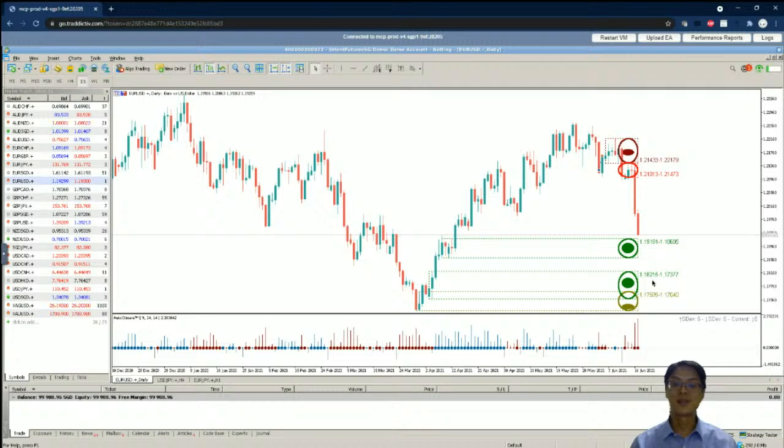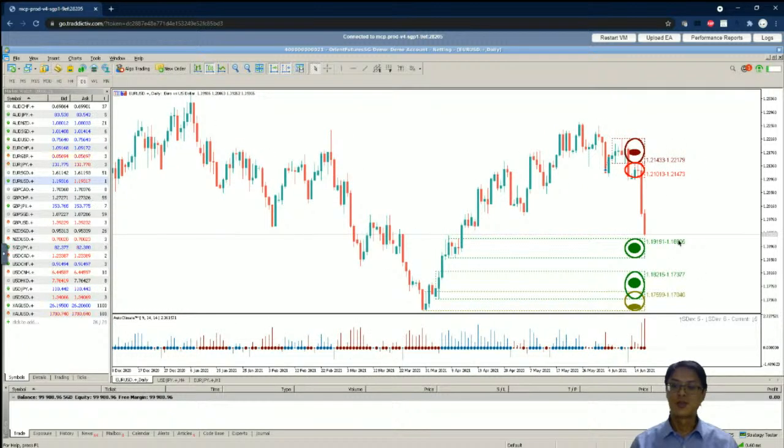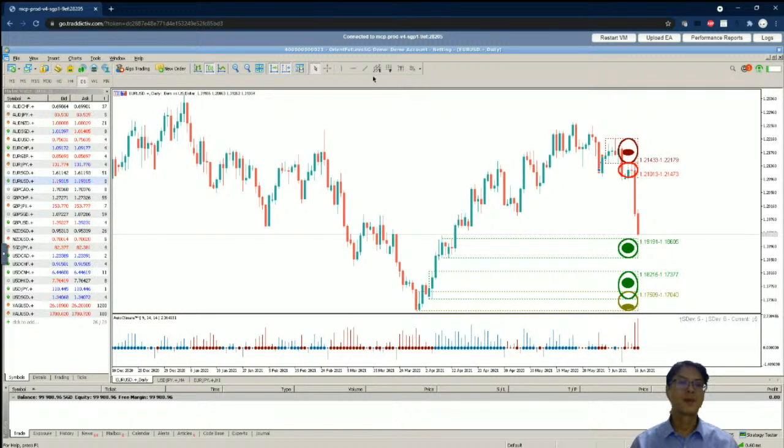If it's not, then we'd need to look down to these other areas below for price to take a little bit of a bounce, right? With this strong move down, we would expect prices to maybe take a pause.